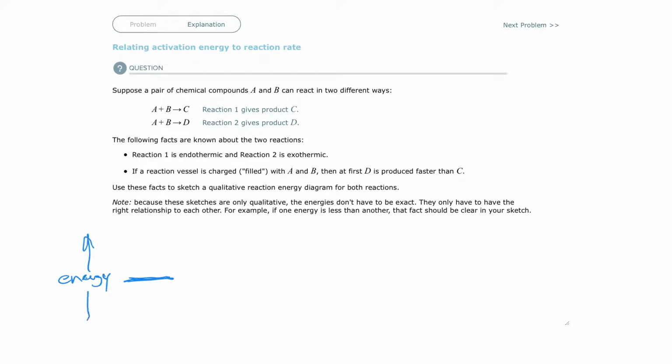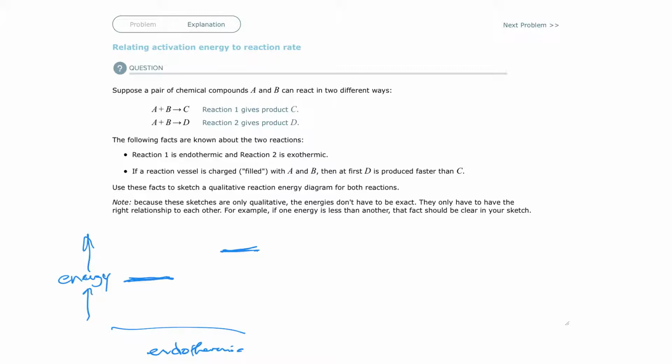Endothermic means the products are going to have more energy than the reactants. So this is endothermic: more energy in the products, less energy in the reactants.